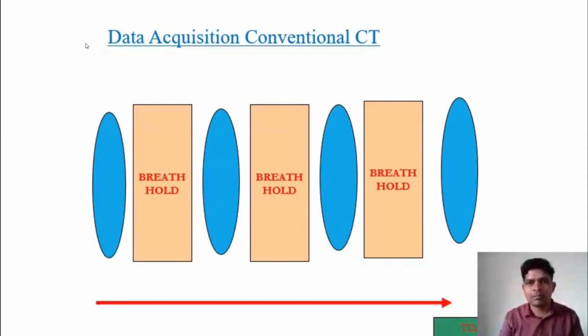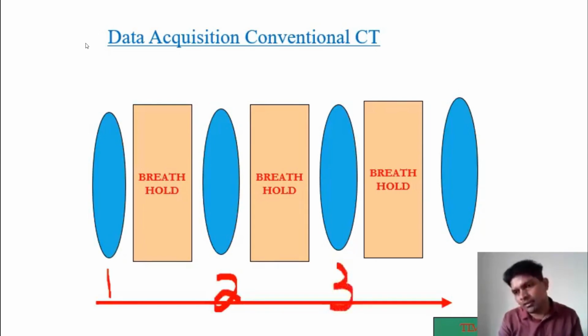Here you can see in the image, this is one rotation. Once one rotation is done, you ask the patient to hold the breath and take another rotation. Then again breath hold, a third image, then again a fourth image.